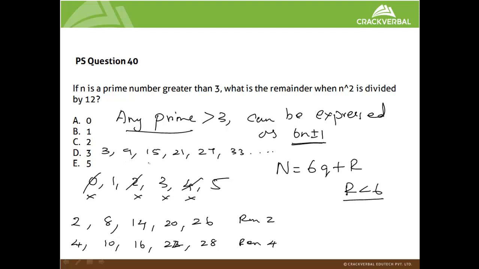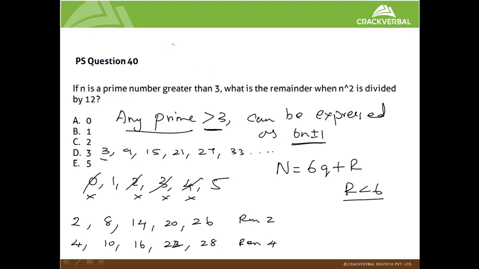All these numbers are divisible by 3. And of course 3 is a prime number, the first value here, which is why we kept the condition greater than 3. Prime numbers cannot be divisible by anything other than 1 and itself, so we cannot have the remainder as 3 as well. So the only possibilities are that the remainder could be 1 or 5.